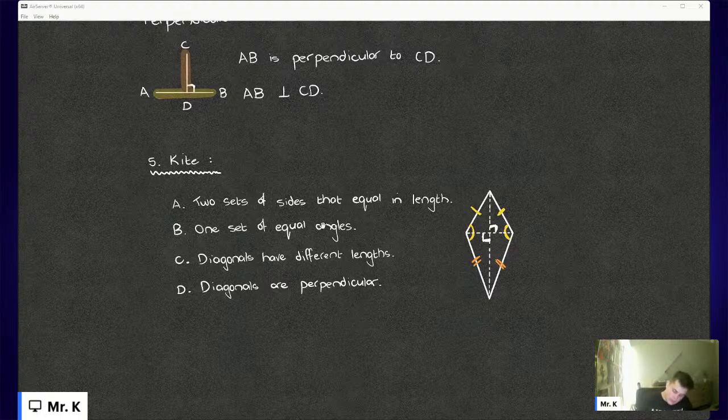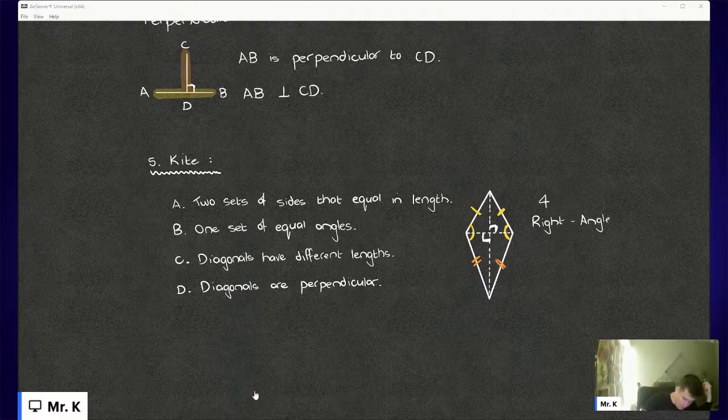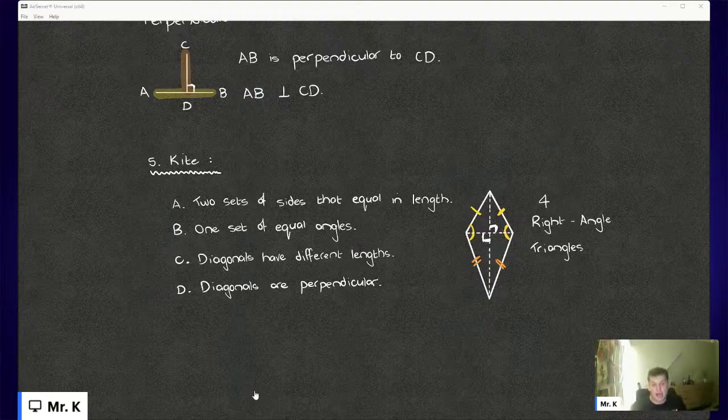Again, these diagonals then split a kite, which is quite a unique shape, up into four right angle triangles. Right, the diagonals split the kite up into four right angle triangles.